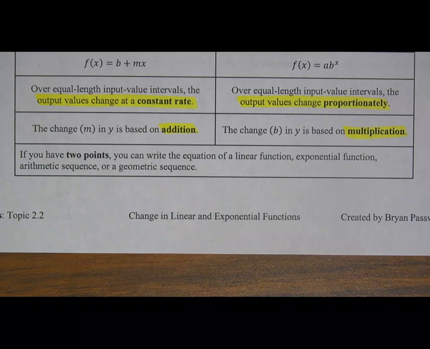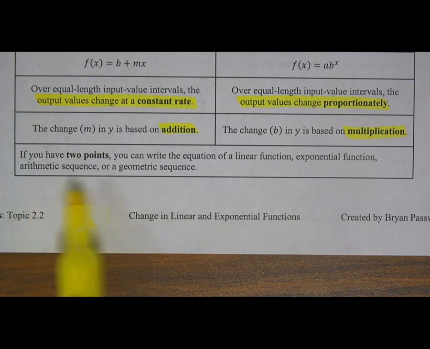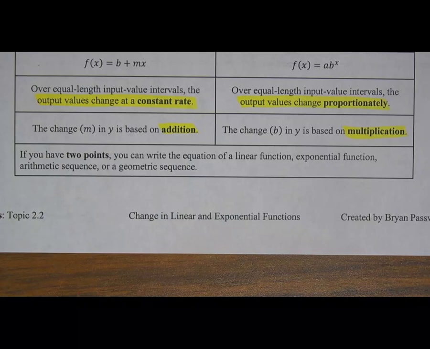If you've got 2 points, and have this big paragraph, and you're going to kind of weasel your way to, oh yeah, they're really just telling me a couple of terms. If you've got 2 points, then write the equation of the linear function, exponential function, and then that's just going to lead you to either an arithmetic sequence or geometric sequence, depending on the directives. What is it asking me to do? Those are really easy because you've done it before. Turn the page.